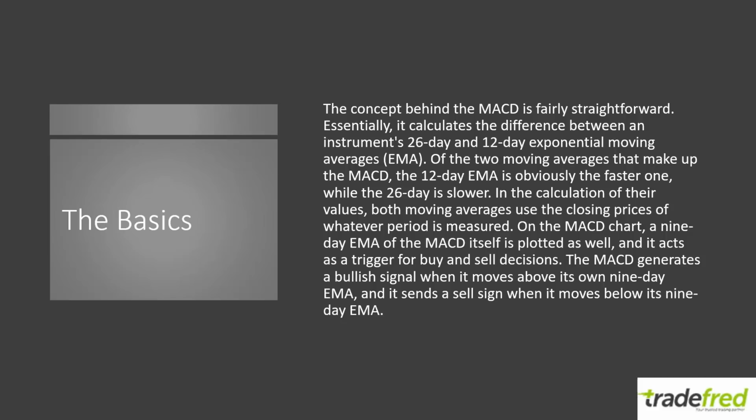Now, the concept behind MACD is fairly straightforward. Essentially, it calculates the difference between an instrument's 12-period and 26-period exponential moving average. Now, the math behind an EMA isn't all that important for us to get involved in.